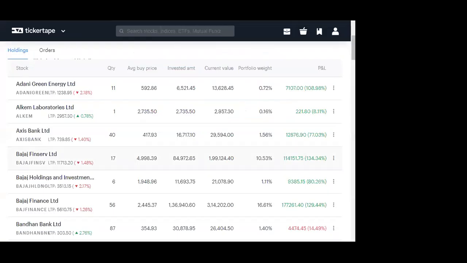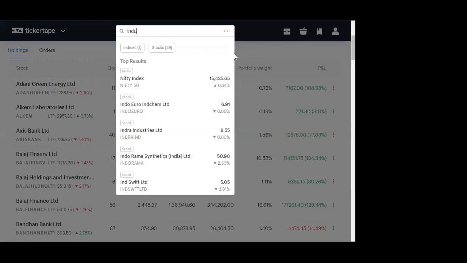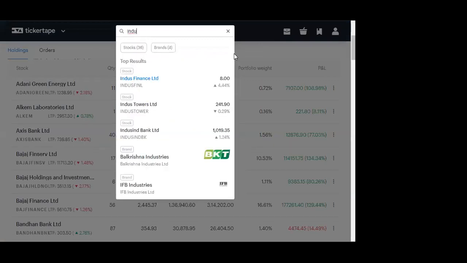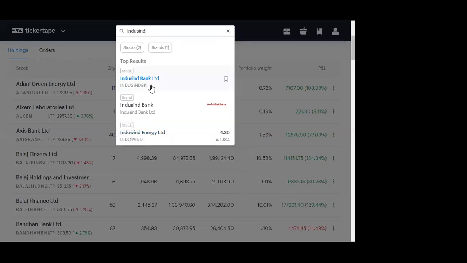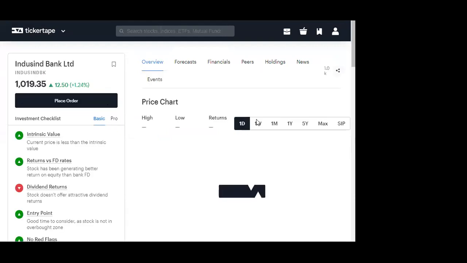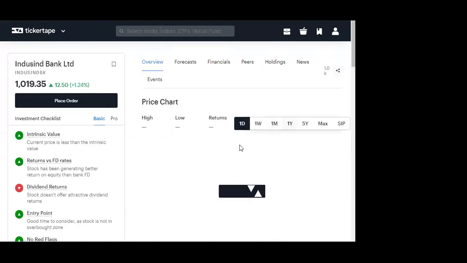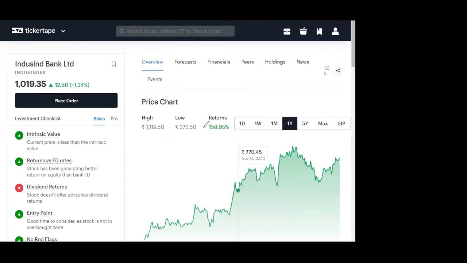For example, let us talk about IndusInd, a stock which made me learn so many things. When, at what price they are buying. Now if you talk about IndusInd, in 1 year, what is the return? You will be amazed to know.